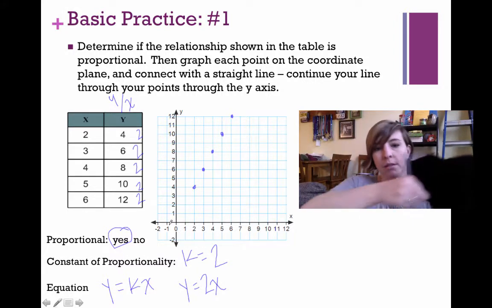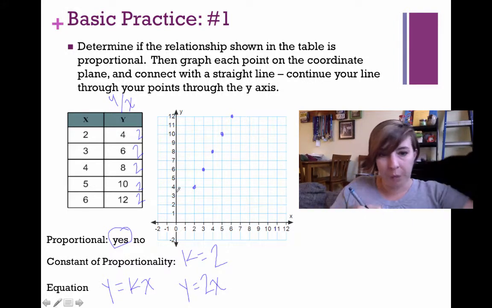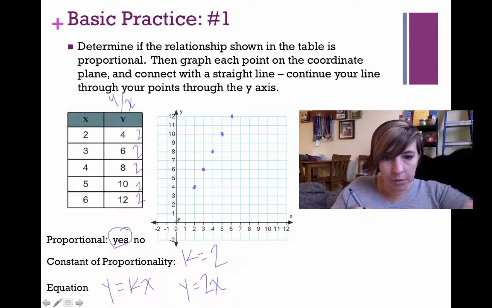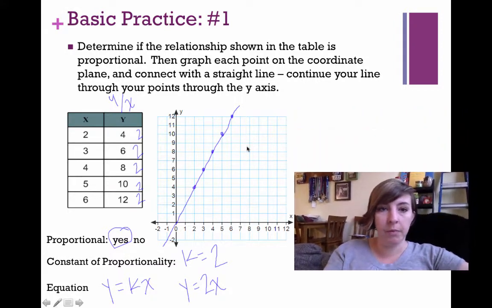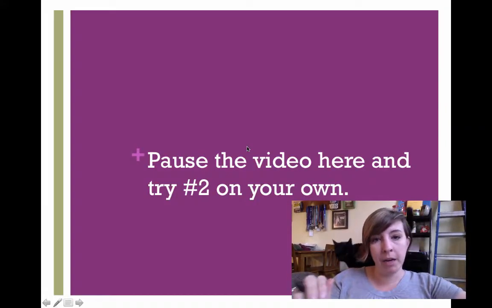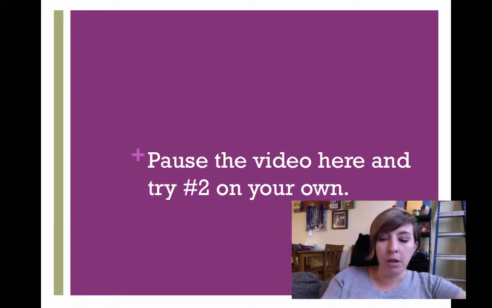But it should go through the origin in a straight line because it is proportional.